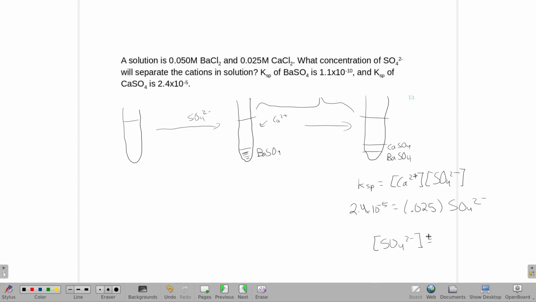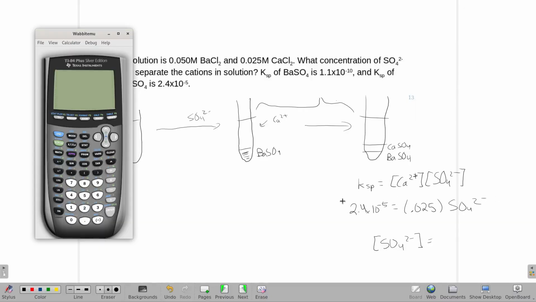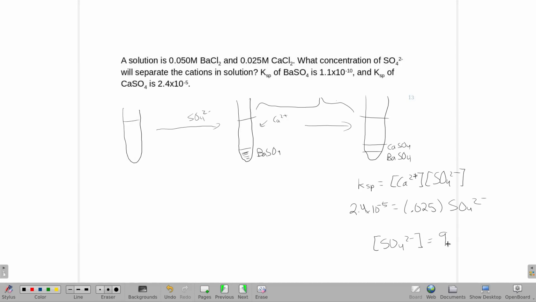So what does this concentration have to be to get a precipitation to occur, get our Q to equal our K? We're just going to take that 2.4 times 10 to the negative fifth and divide it by 0.025, and we get 9.6 times 10 to the negative fourth.